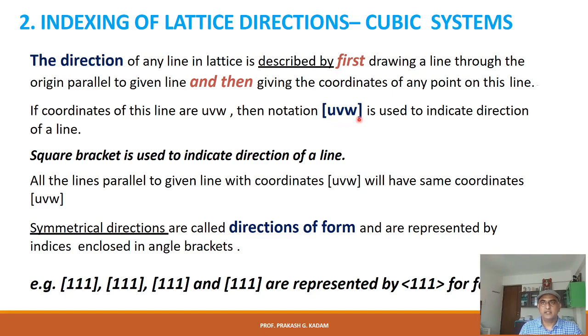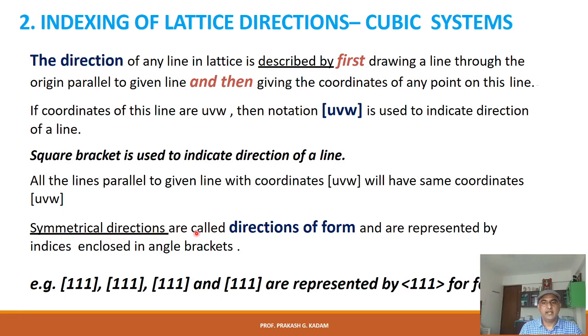This is the representation to write the indexing. The square bracket is used to indicate the direction of a line inside the unit cell. All the lines parallel to the given line with coordinates u, v, w will have the same coordinates.